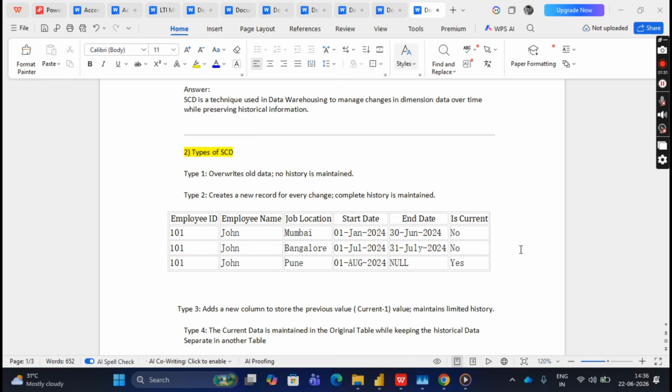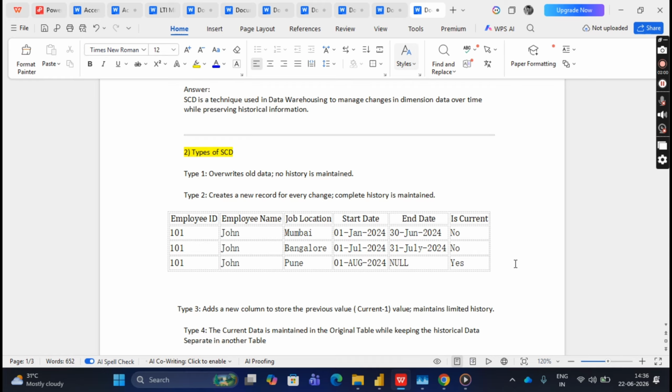So it is marking the end of working in that particular location by an end date. And then again he has started working in another location, Bangalore, from 1st July 2024 to 31st July 2024. This is also one of the historical records, but currently he is working in Pune, from 1st August 2024, and the end date is marked by null.